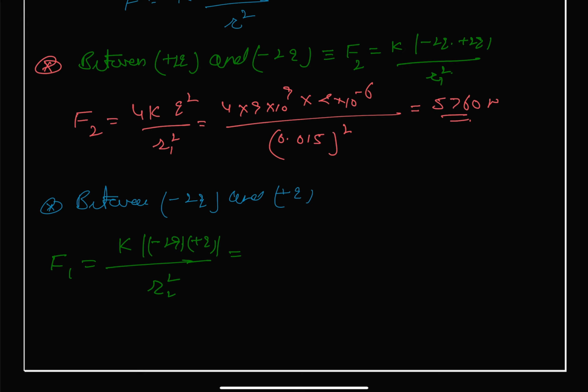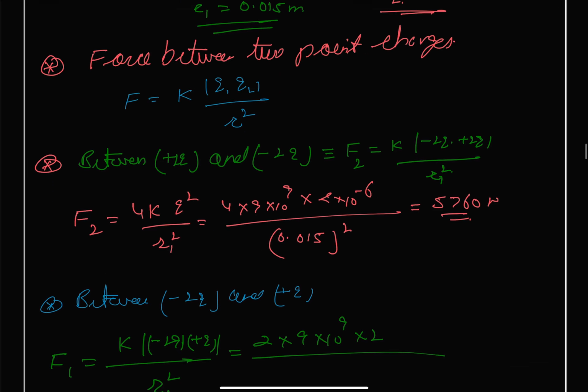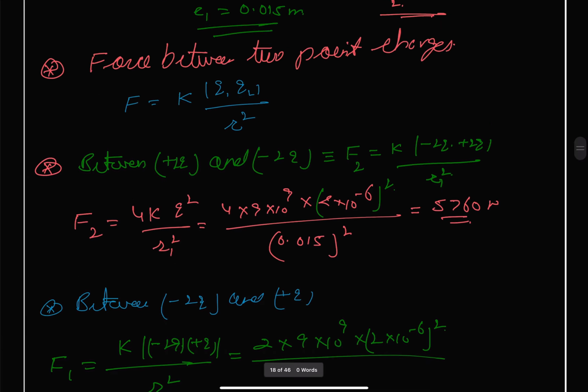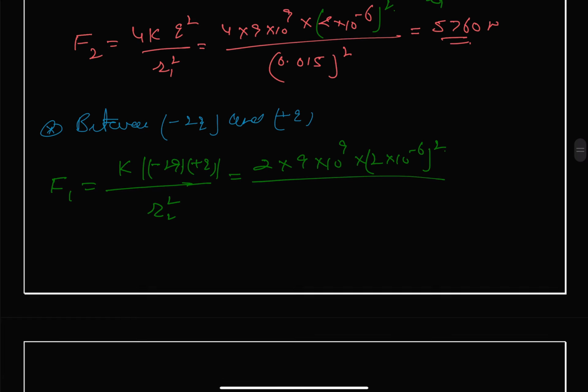So we write this as 2 into 9 into 10 to the power 9 multiplied by 2 into 10 to the power minus 6 whole square, and R2 is 0.005 whole square, which gives us 320 Newton.